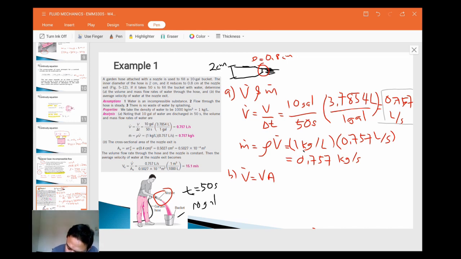The formula of area is pi r square. Your r is the exit radius.